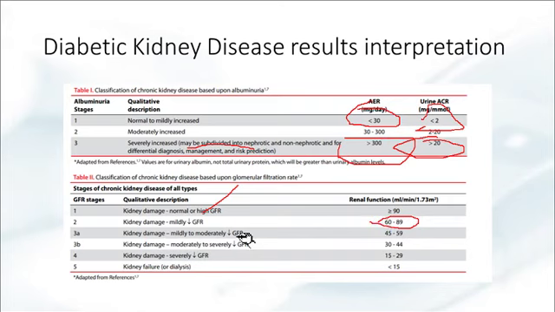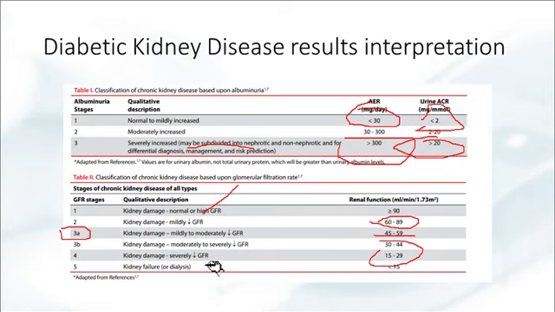Then mild to moderately reduced EGFR or stage 3A of CKD, that's 45 to 59. And then stage 3B of CKD is moderately to severely decreased EGFR, it's 30 to 44.